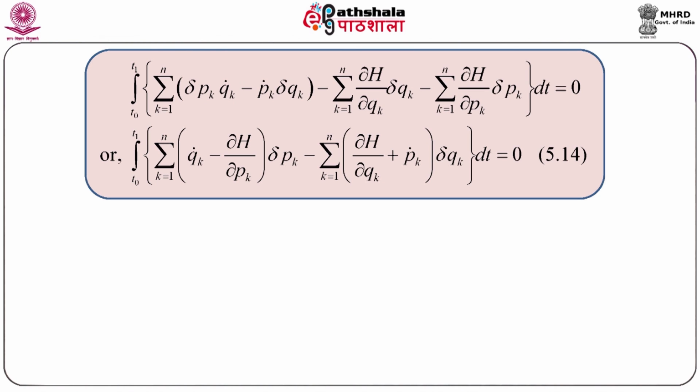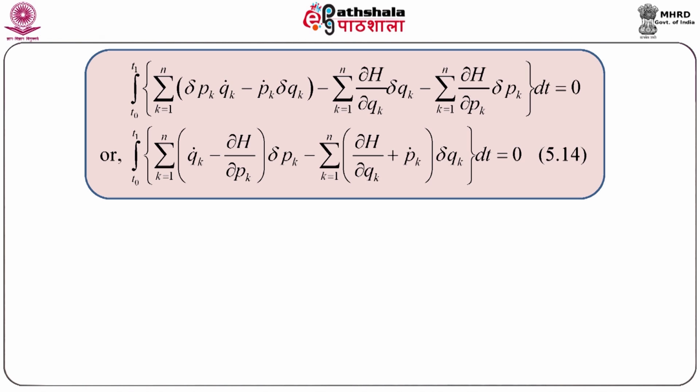Since the n configurations are prescribed at times t0 and t1, delta qk at t0 equals 0 and delta qk at t1 equals 0. We have used these results.